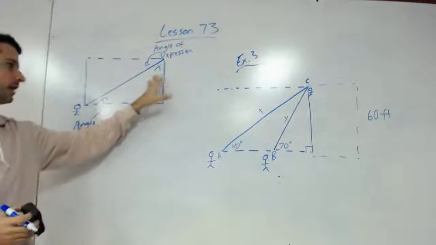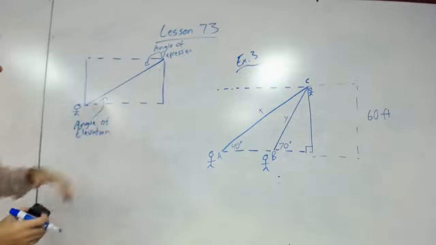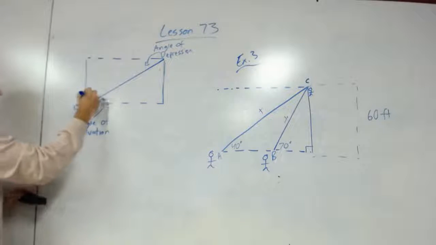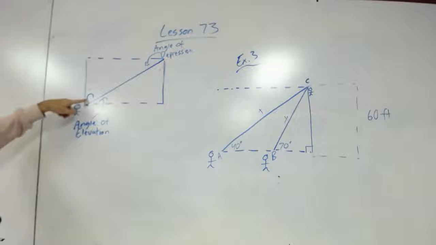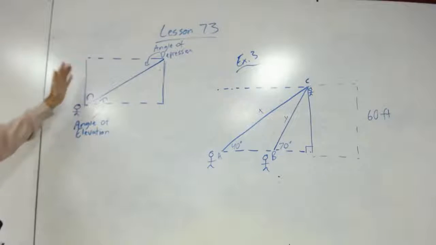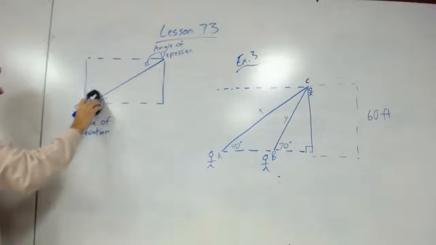So that is not anything. We don't have a word for that one. Same thing here. That is not an angle of elevation, because it's between the vertical and the hypotenuse. Has to be between the horizontal.